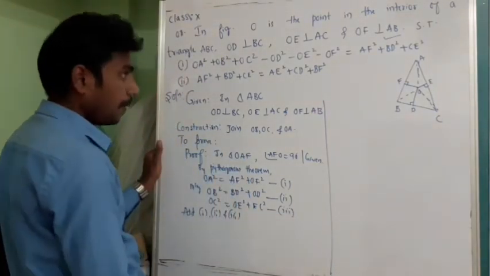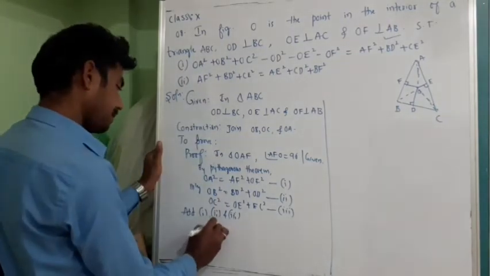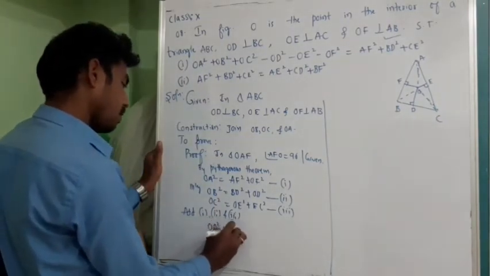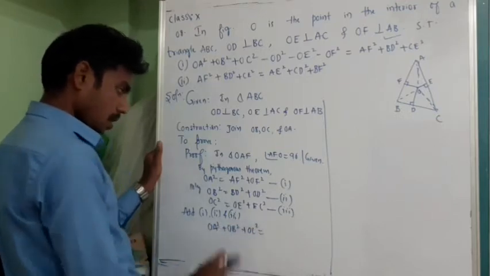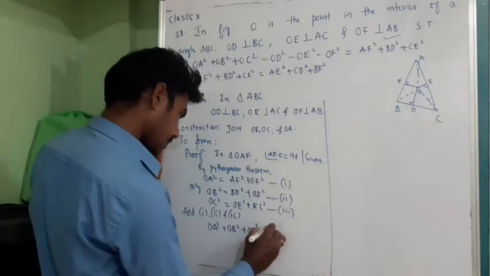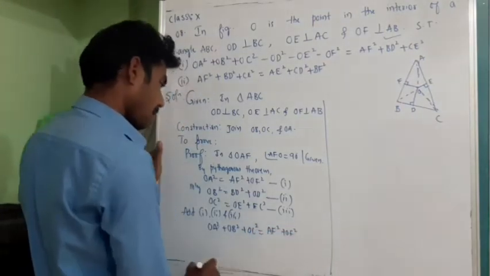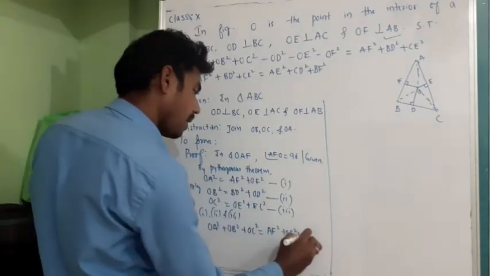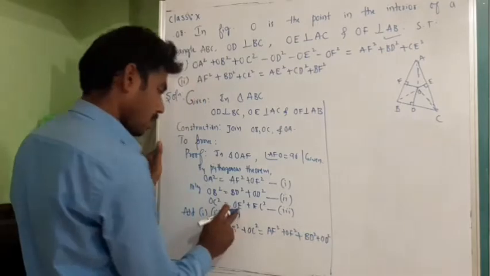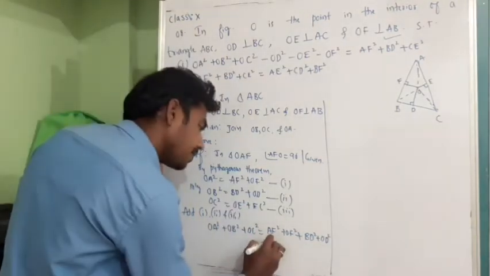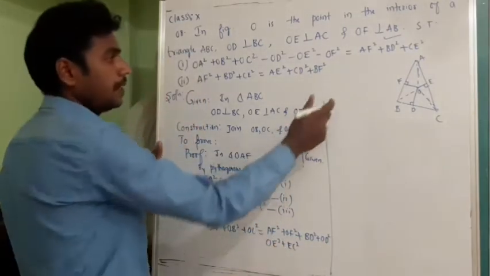So in this, OA square plus OB square plus OC square is equal to AF square plus OF square plus BD square plus OD square plus OE square plus EC square.